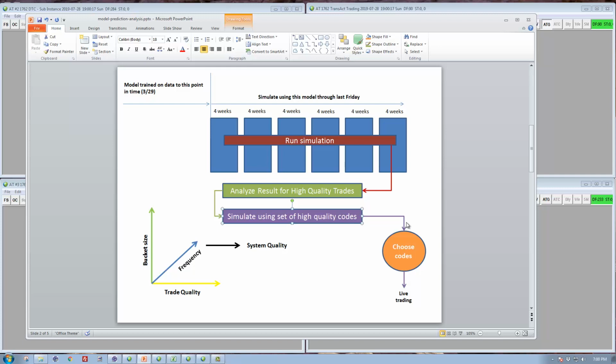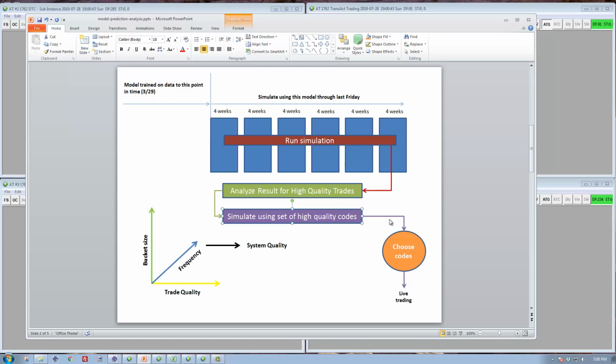So we analyze every individual trade, every individual behavior, and then we collect the high quality behaviors and use them as a set, and we run that set simulated against the same set of data, and then we see what the actual result is.